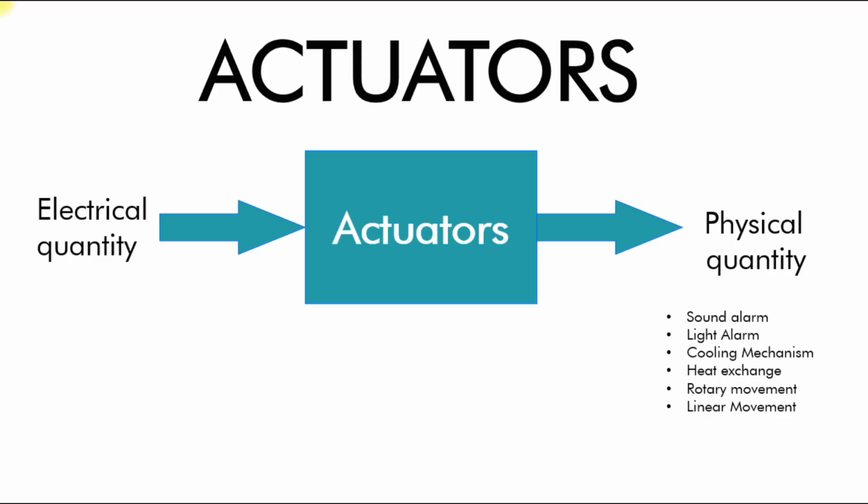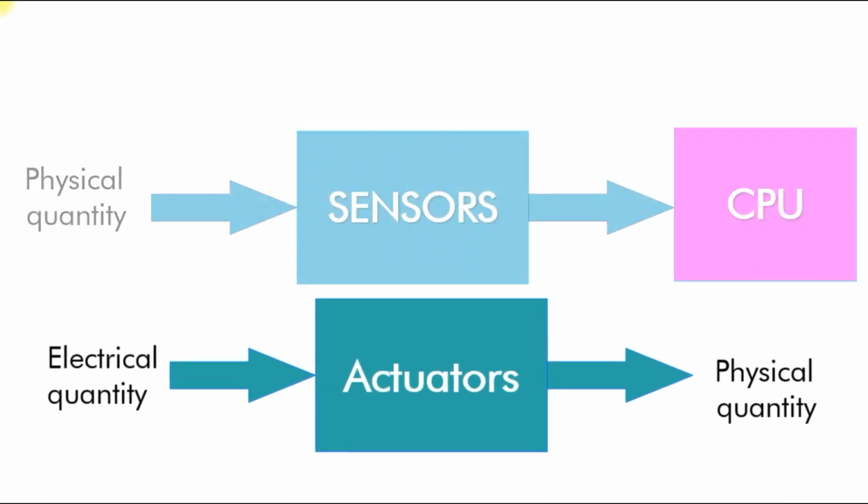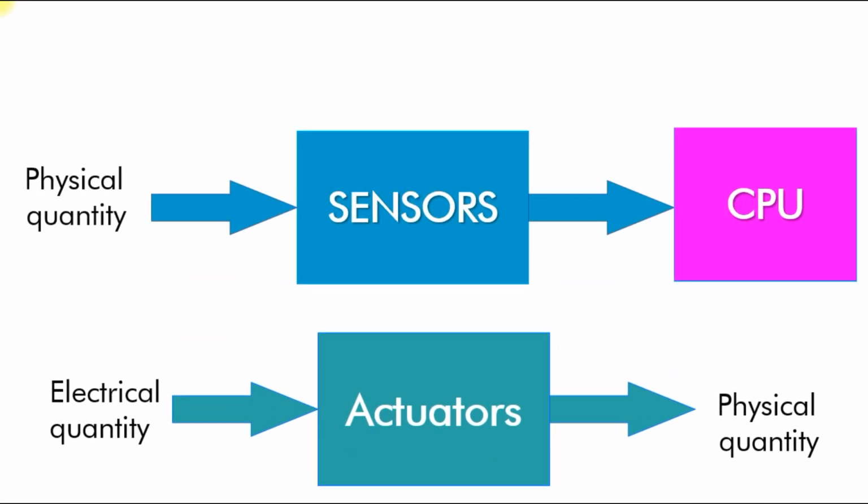One question may arise in your mind: why is this conversion happening? You take the physical quantities and drop the same physical quantity here. Why is this conversion happening in between the sensors and actuators? Who is actually in need of this electrical quantity? The answer is the CPU. The sensors interact with the environment and convert its value into an electrical quantity.